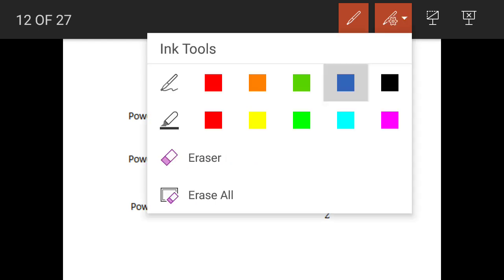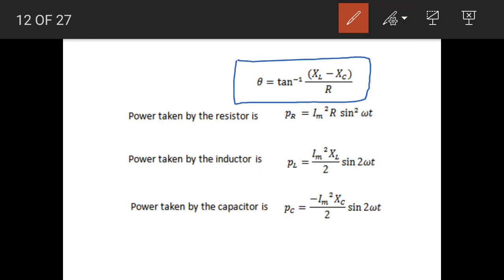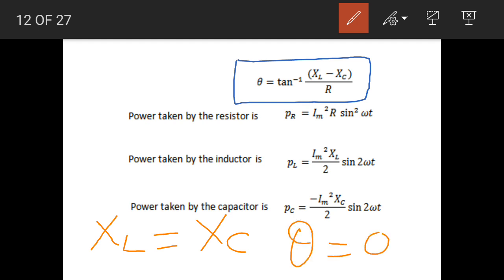So you see, if XL is equal to XC, then theta will be 0, and the entire circuit will behave like a resistive circuit. This series combination will be under resonance condition.